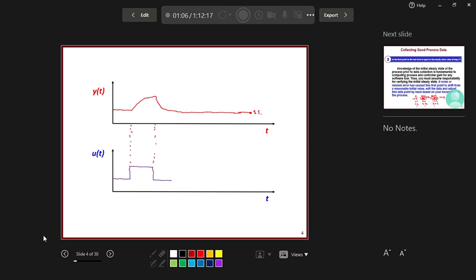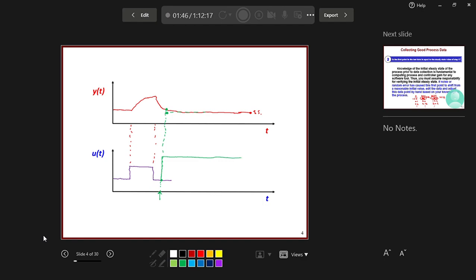So you came here, let me select another color. You came here at this point and you decided to collect the data. So actually, if we reflect this, here the input is silent, but if you go up, the output is here. It is not really at steady state, which is this point. And from here you decided to make a step change, so you went up and then you made your step.